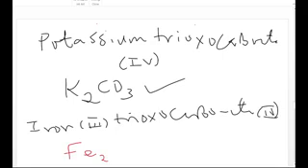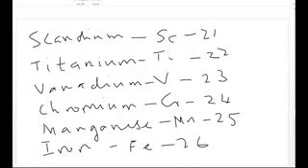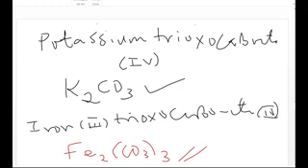Fe2, CO3, CO3 3. I heard somebody saying 6. You don't use this. I've said it, you don't multiply with anything. So they cannot cancel out. So it remains Fe2(CO3)3. This is iron(III) trioxocarbonate(IV). I guess that's understood.